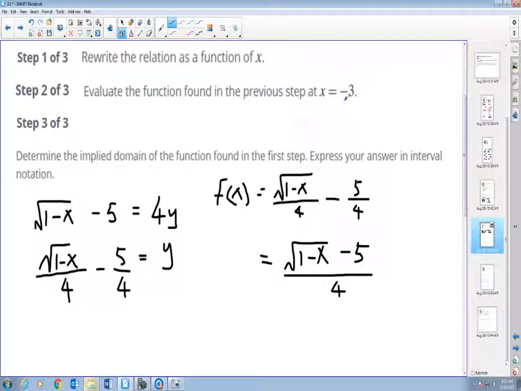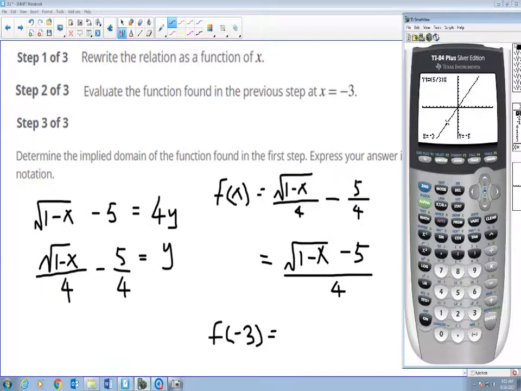So evaluate at -3. So f of -3. Substitute -3 for x. You know what? I'm gonna go ahead and graph it. I'm gonna type this right here. 2 terms, I write them as a fraction. So parenthesis for the first term.